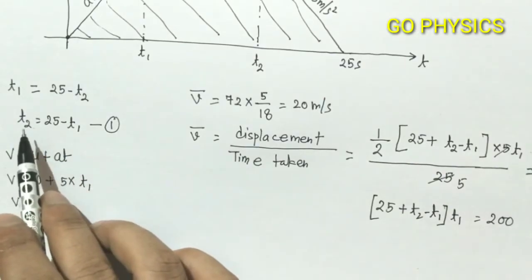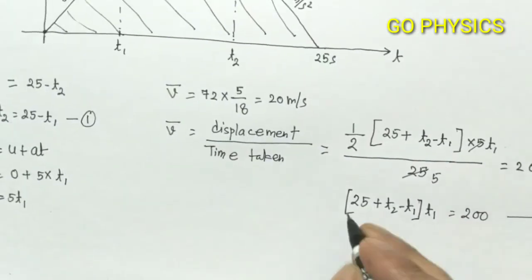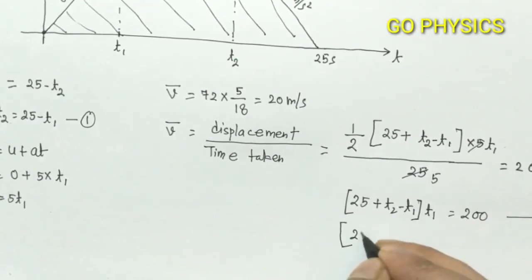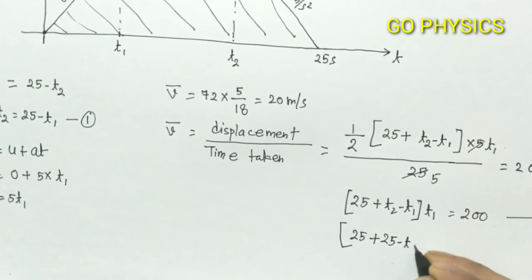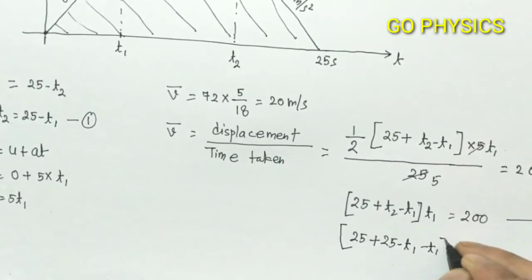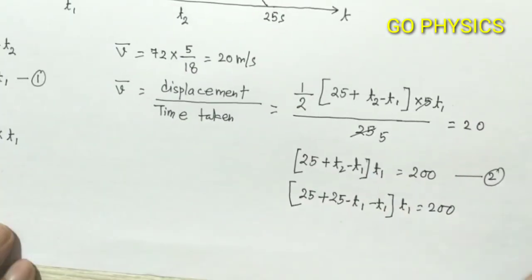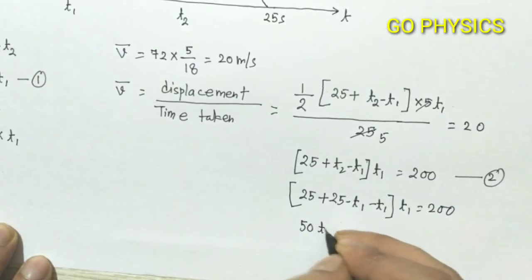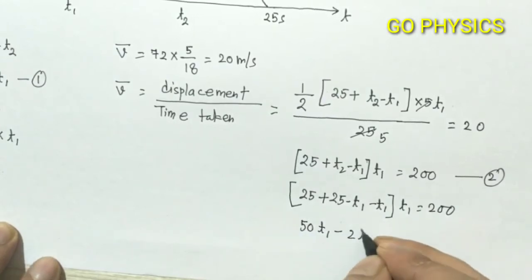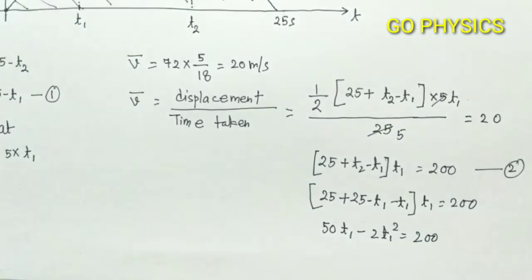So we will substitute t2 from equation number 1 into equation number 2. So this will become 25 plus t2, and what is t2? 25 minus t1, minus t1, into t1. This is equal to 200. Now simplify this. So this will become 50 t1 minus 2 t1 square equal to 200.